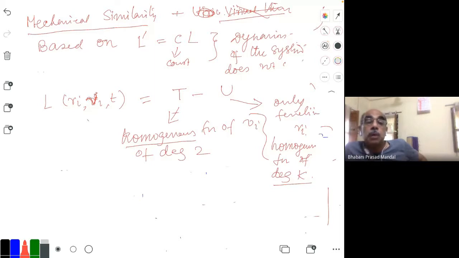For Coulomb's or Kepler's problem, k equals -1, and so on.